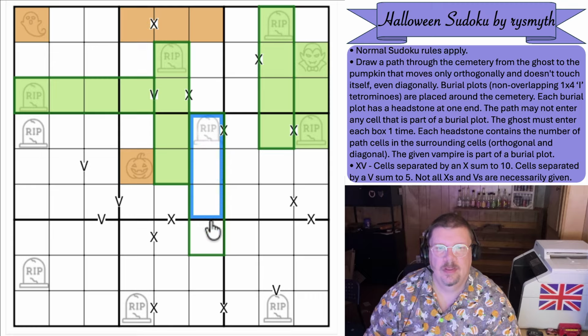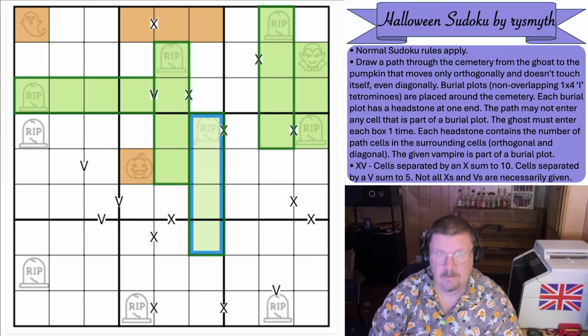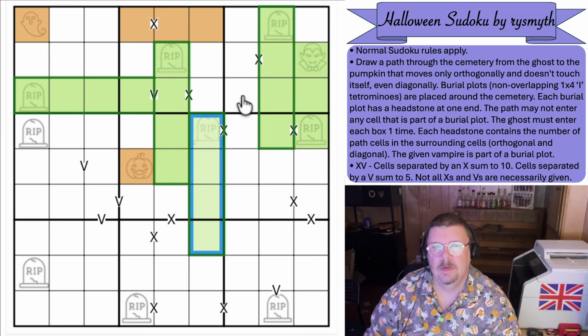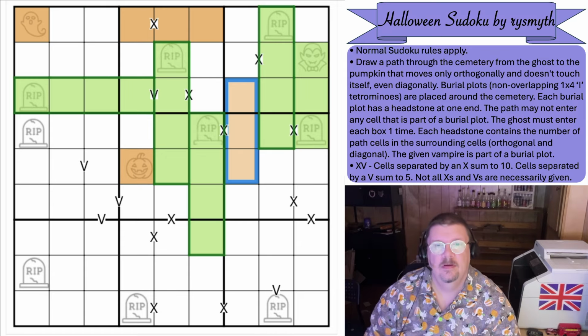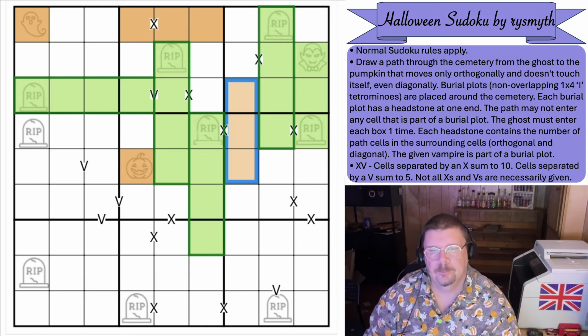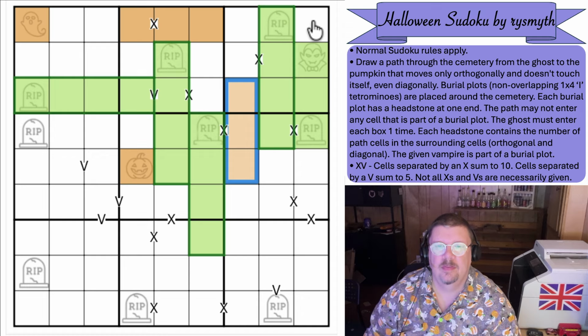And we can mark that in. And now the ghost has to come through that section. We don't know whether that one or that one is yet.